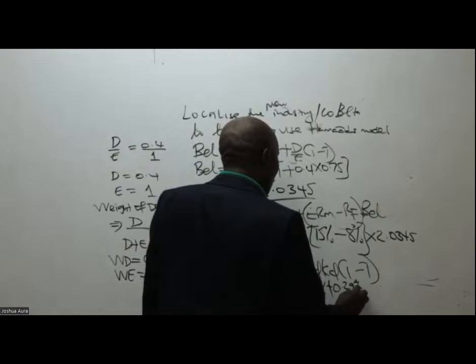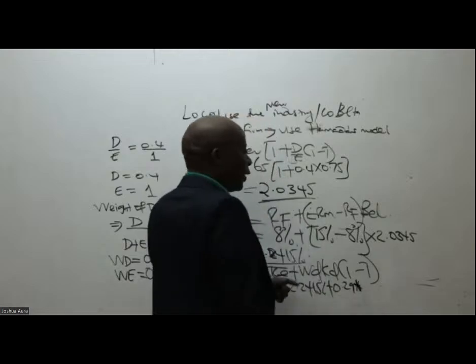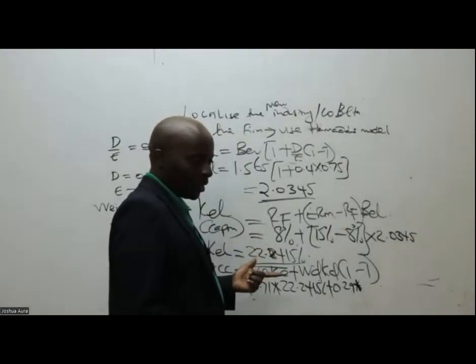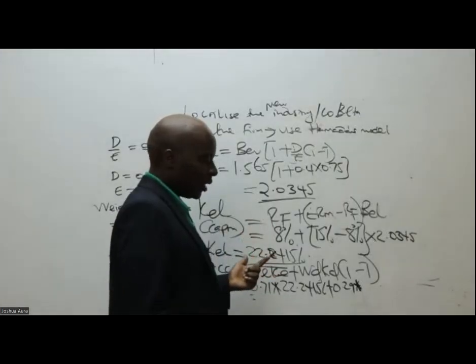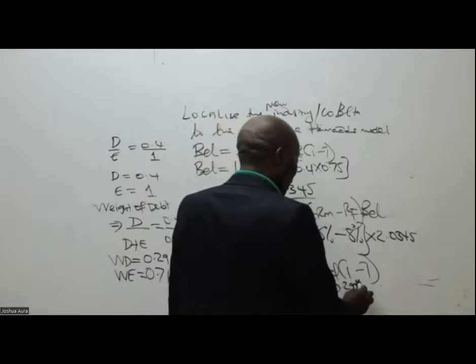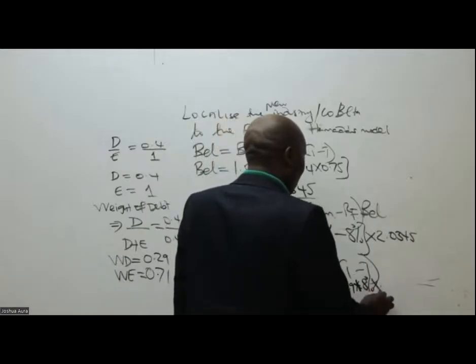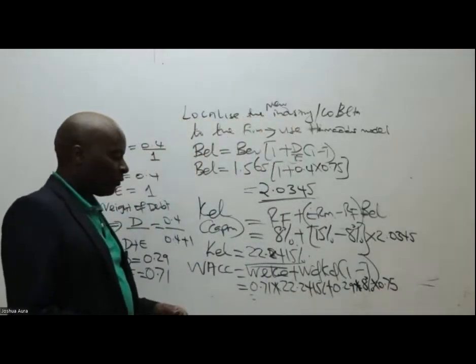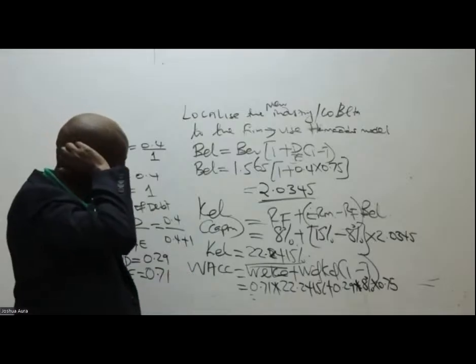Cost of debt, unless you're told otherwise, is normally risk-free because debt is secured. You must give a bank security. So cost of debt is 8%. Multiply this by 0.75, like that.